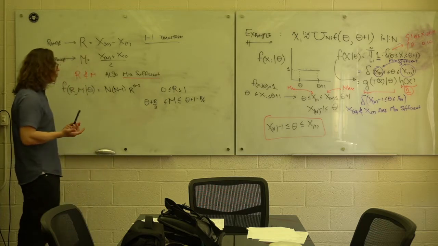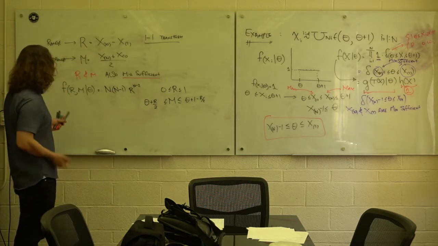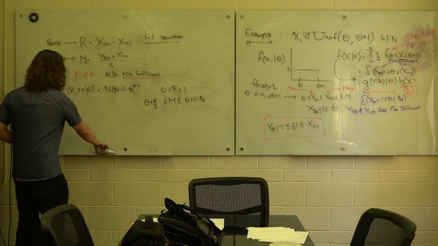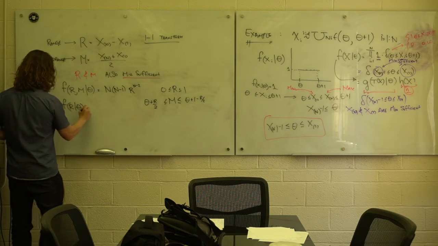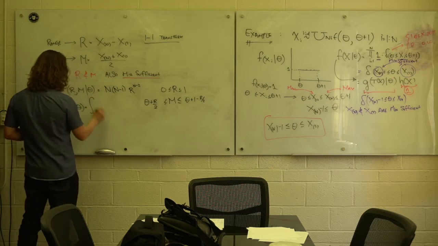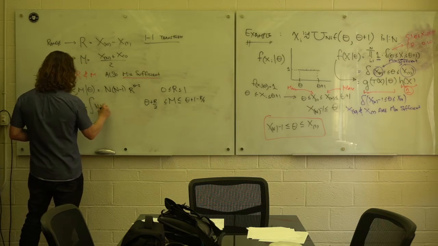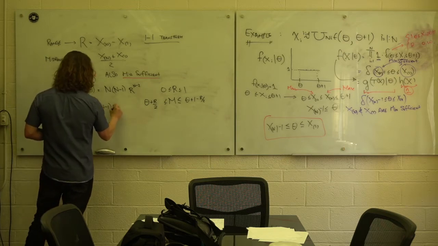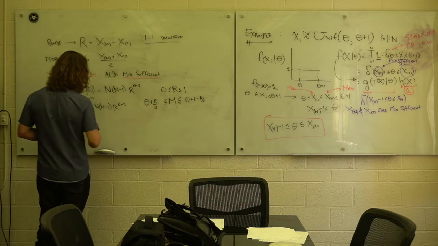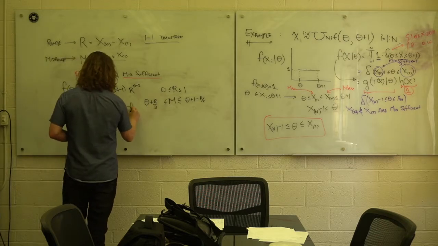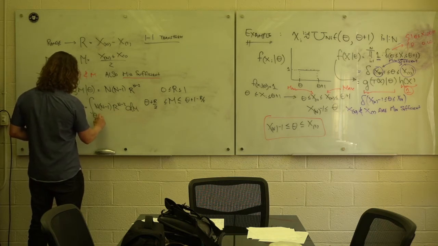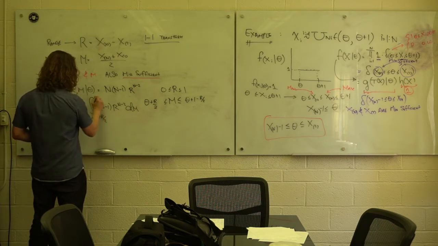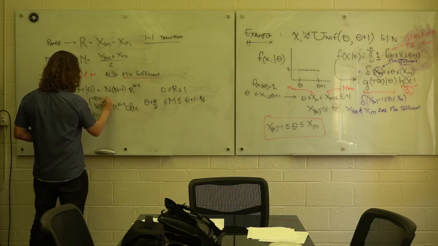And we could end up doing some integration and figure out what the marginal distribution of R is. So f_R given theta is going to be equal to the integral of n times n minus 1, r to the n minus 2, dm, where I'm going to integrate between theta plus r over 2 and theta plus 1 minus r over 2.